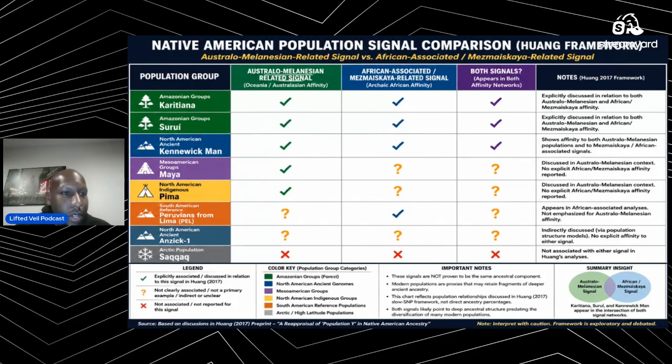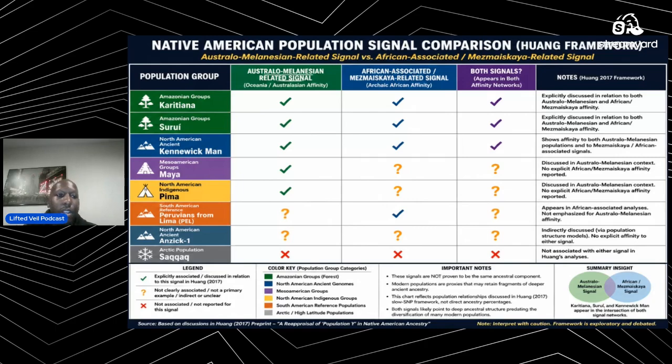Okay, moving on. But the North American indigenous Pima didn't share any African-associated, at least ancient African-associated signals. All right. South American reference, the Peruvians shared African-related signals. All right. That was related to the Elmoran.